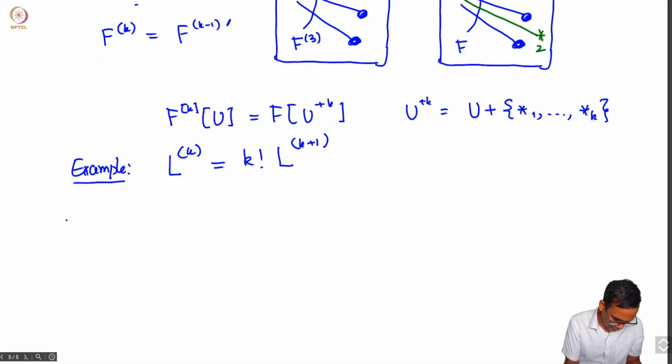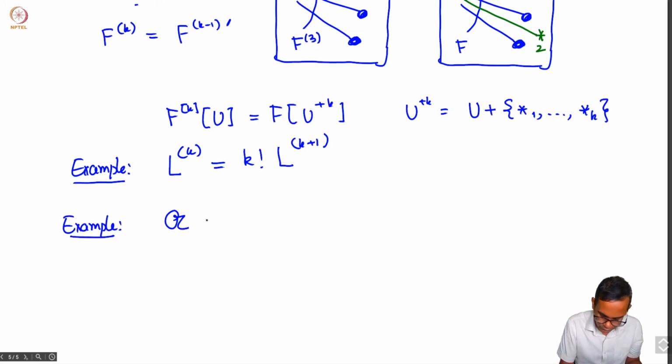Here's another interesting example. So remember that this lowercase a is the species of trees, and this uppercase A is the species of rooted trees.